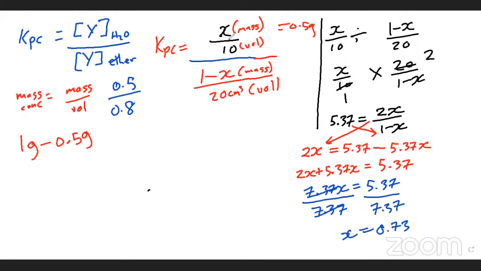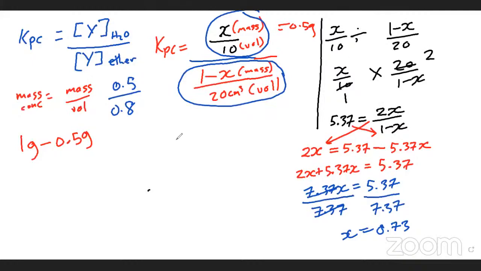So x over 10, you just put that by itself, and the 1 minus x over 20, put that by itself. Because what we're doing is dividing all of this by all of this. So it's x over 10 divided by 1 minus x over 20. You just switch out this line here for the division sign.